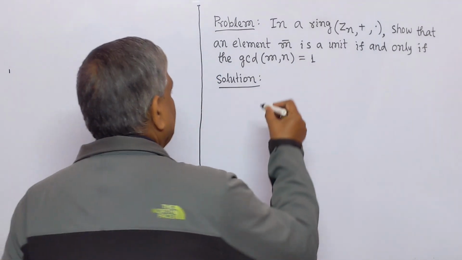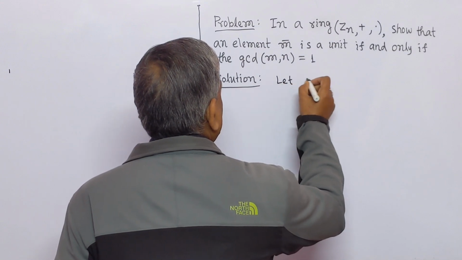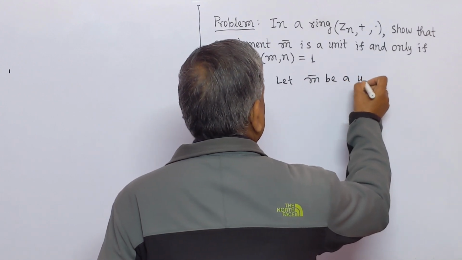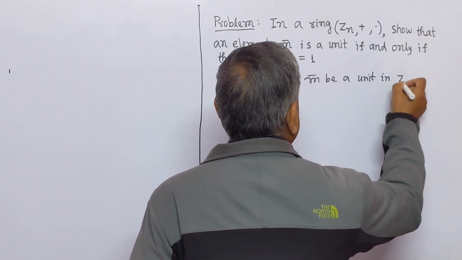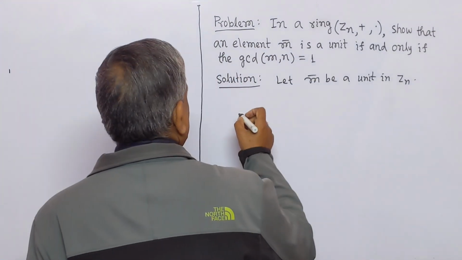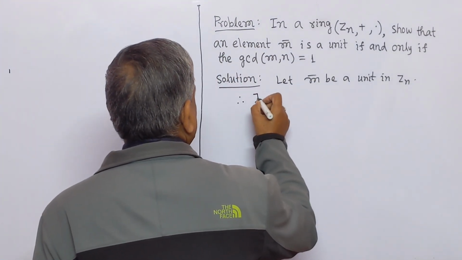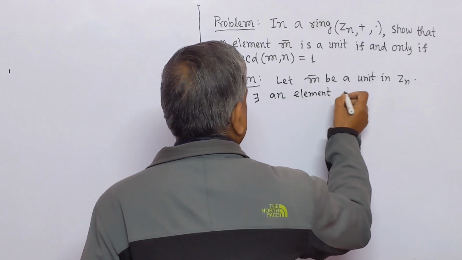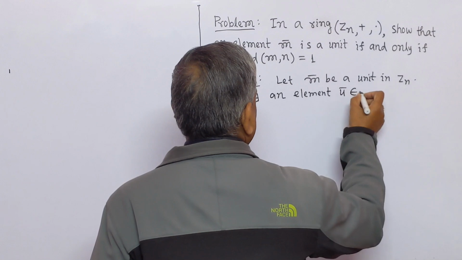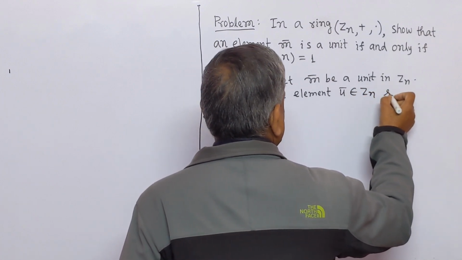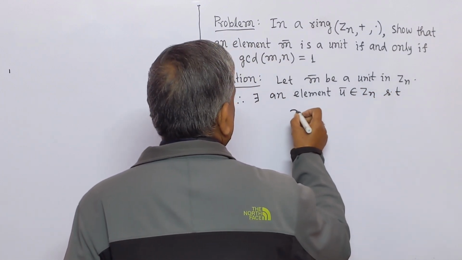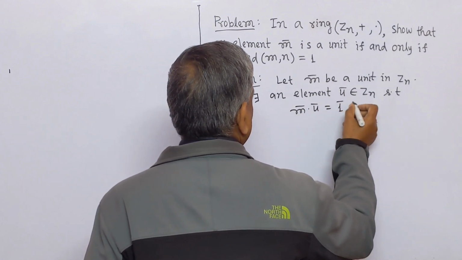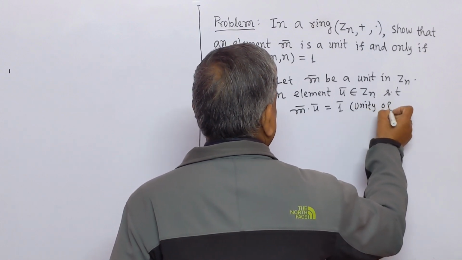Here let m bar be a unit in Zn. Therefore, there exists an element u bar belongs to Zn such that m bar multiply u bar equal to 1 bar, unity of Zn.